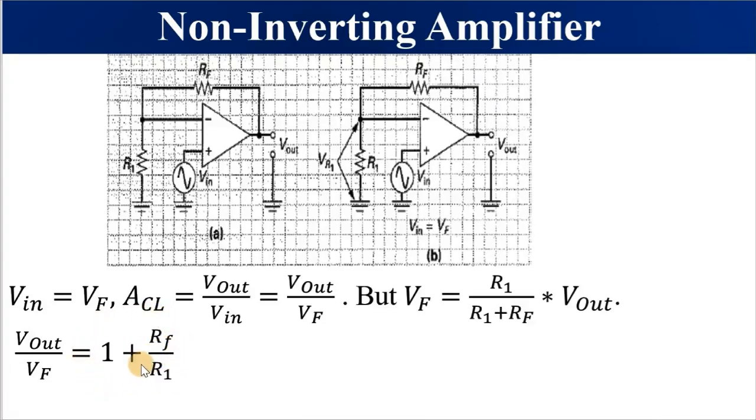Please take note of this formula. If you are given Rf and R1, you must be able to find the closed loop gain, which is the gain with feedback, and it is equal to this for a non-inverting amplifier. I hope I have made myself clear, and please take note of this analysis. It is very, very important.